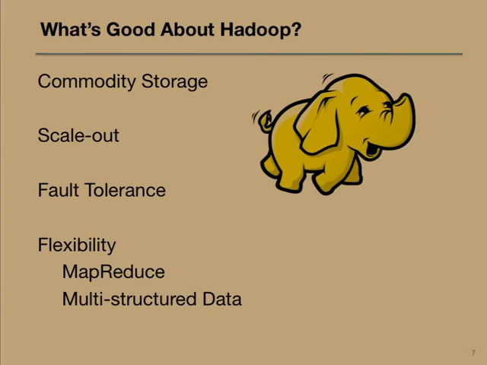We need to build a distributed file system equivalent to GFS, and we need to devise our own MapReduce implementation. And that's what became Hadoop. So Hadoop is these two things: HDFS, which is Hadoop's version of GFS, and then their own MapReduce implementation. So that project came into existence in 2005.